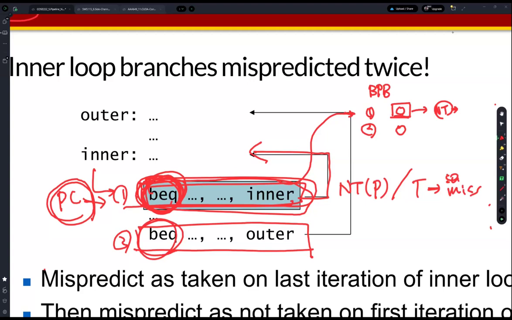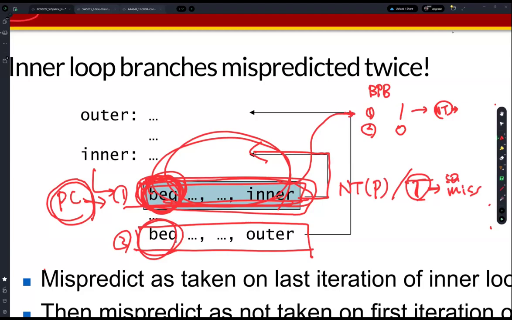And then actually this inner loop will be repeatedly executed. Because the current result is taken, the BPB will store 1 after this branch instruction is executed.